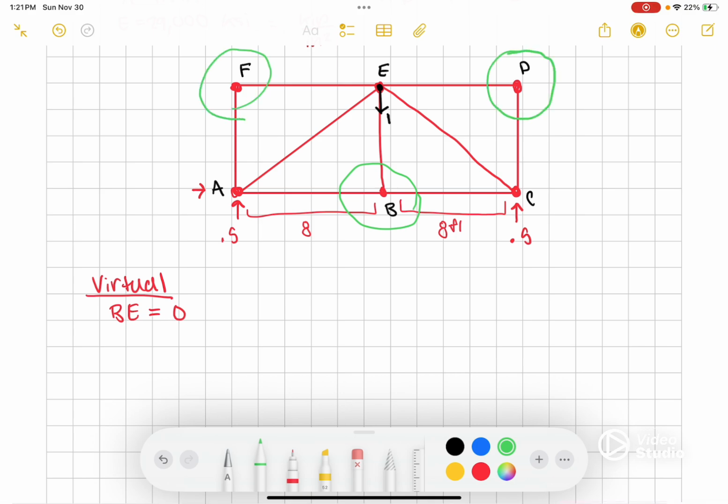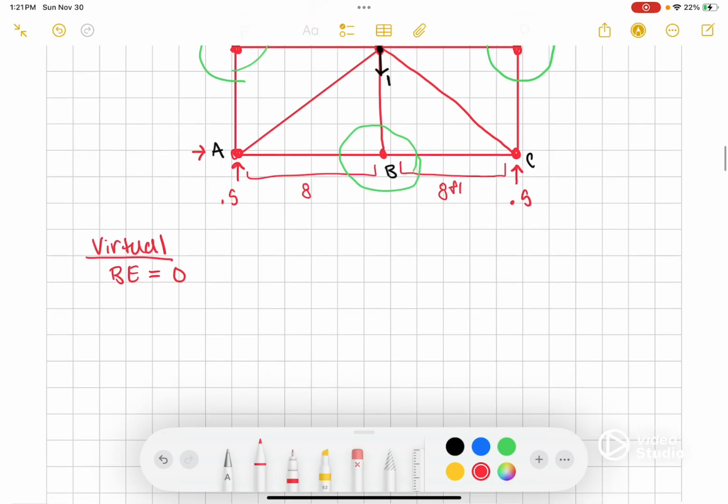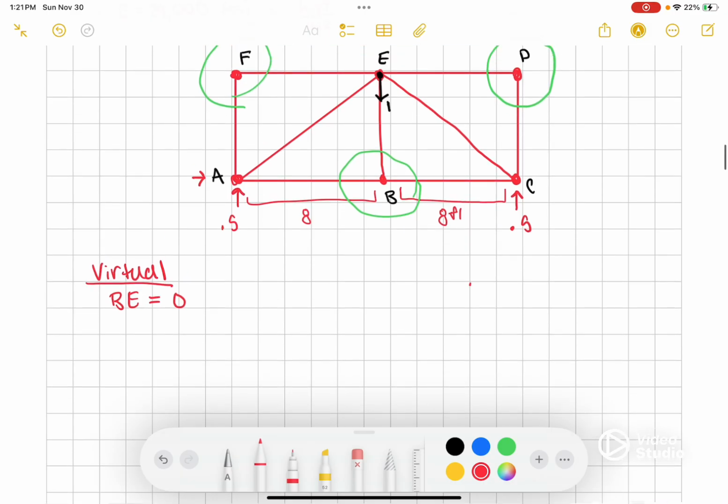These also look an awful lot like 0 force members, right? Because we have F, we've got two beams coming at a right angle, and they have no applied forces to them. So if I have a horizontal force in FE, is there any possible way that this vertical beam FA can counteract that horizontal force? And the answer is no. So that means FE must equal 0.